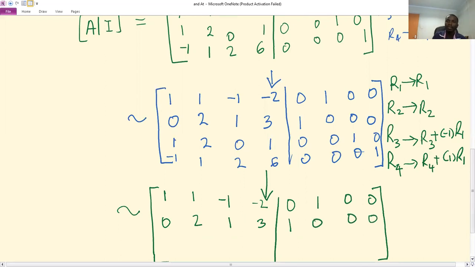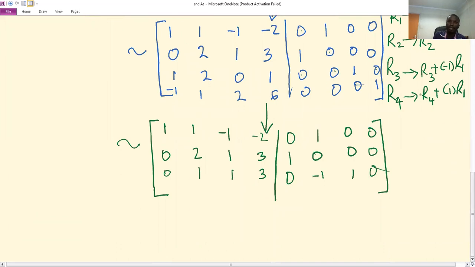Now this is the same as row 3 minus row 1. So 1 minus 1 is 0, 2 minus 1 is 1, 0 minus minus 1 is 1, 1 minus minus 2 is 3, 1 minus 0 is 1, 0 minus 0 is 0, 0 minus 1 is minus 1, 1 minus 0 is 1, 0 minus 0 is 0.